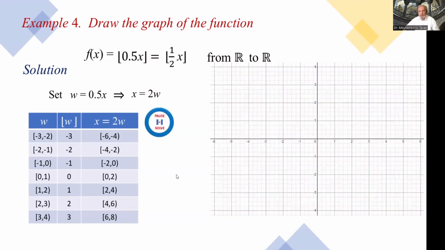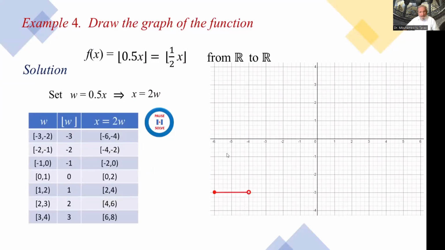Now you put the coordinate system, and then you also pause the video and draw this function. So you look at x between -6 and -4. Between -6 and -4 is -3.